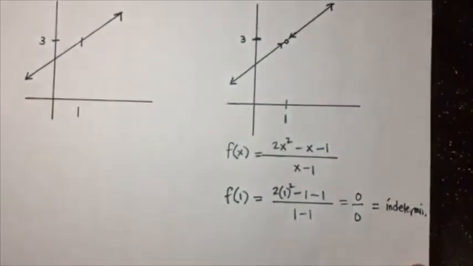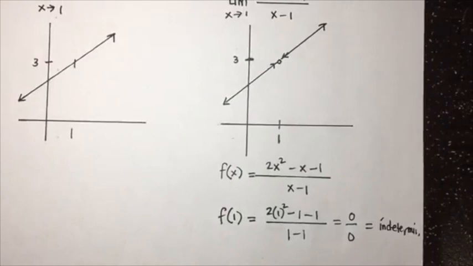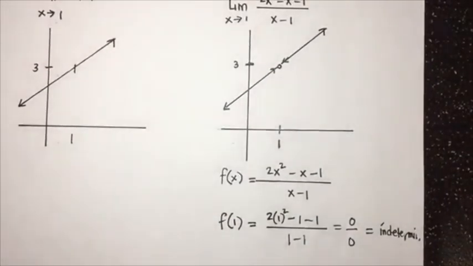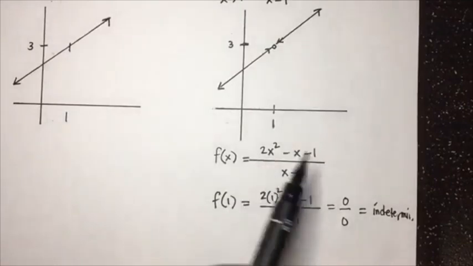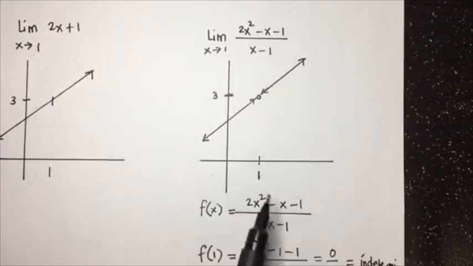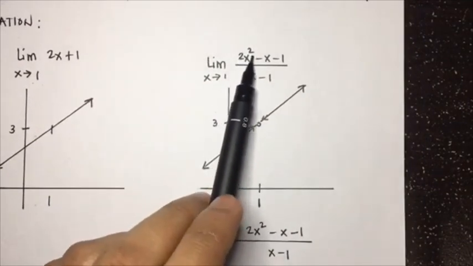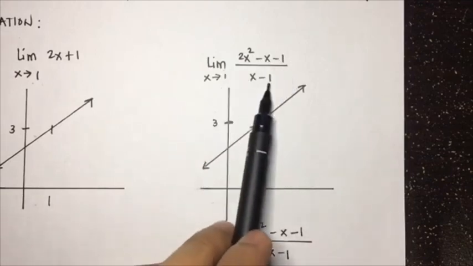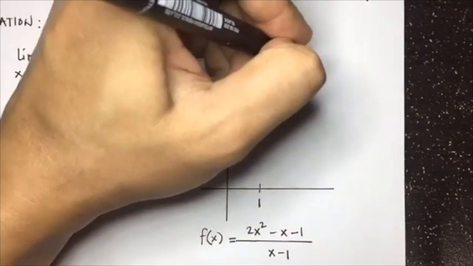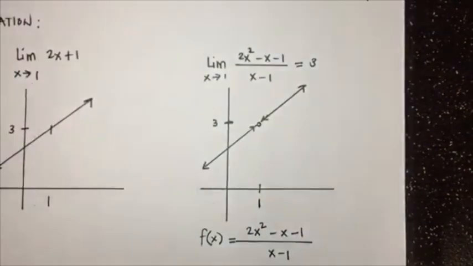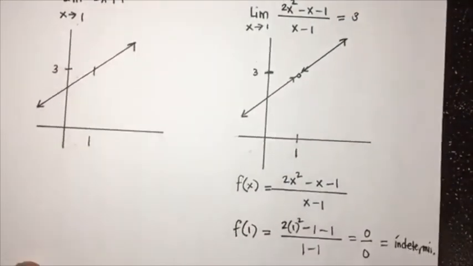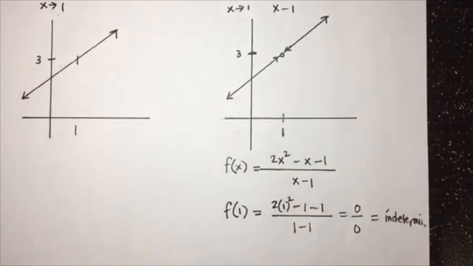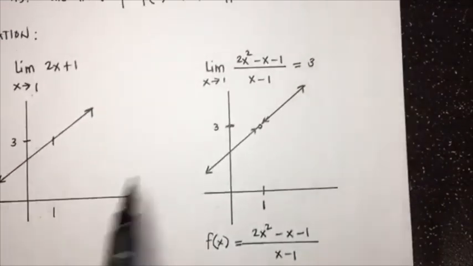But if we use limits to evaluate this function, we can see that the limit of 2x squared minus x minus 1 over x minus 1 is equal to 3. That's the difference between functions and limits.